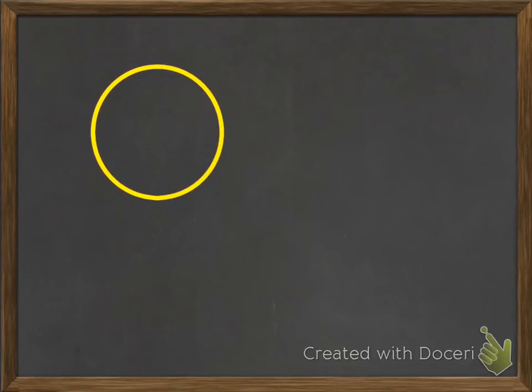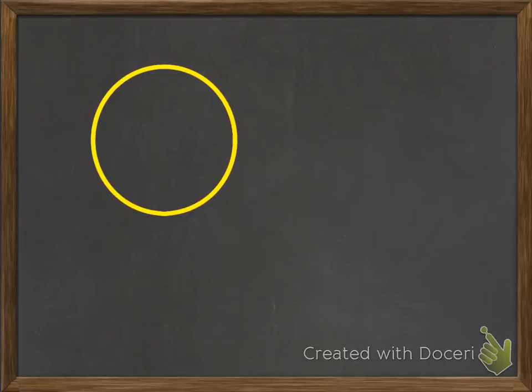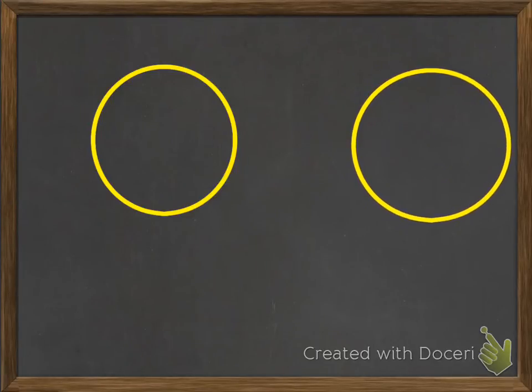Alright. So watch how good I draw this circle. Isn't that good? I'm going to draw another one, because... Alright. Dr. Anderson, how do you know to draw a person?